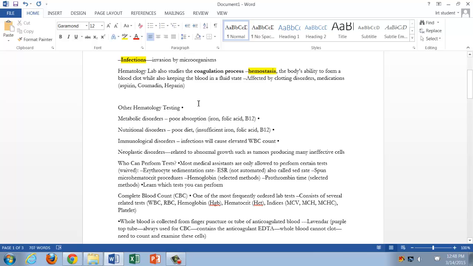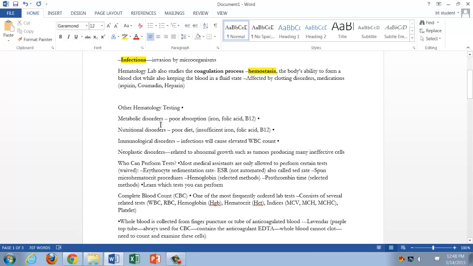Let's talk a little bit about other metabolic disorders. I briefly mentioned these. Maybe we're getting enough iron, but our body's not absorbing it. Or maybe we have a poor diet, we're not getting enough iron or folic acid or vitamin B12.